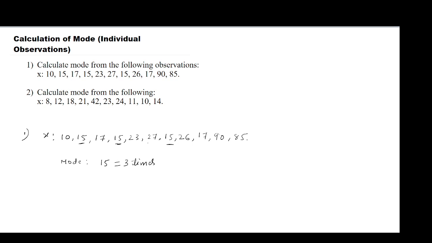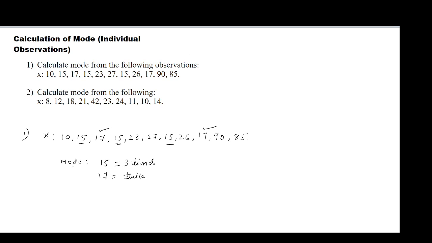Now let us check the next number 17. 17 is repeated once and twice. So 17 is repeated twice. Now check for any other number. 23 is not repeated. 27 is also not repeated. 26 is also not repeated. 90 is again not repeated and 85 is also not repeated.